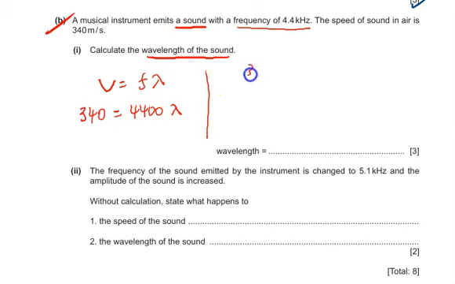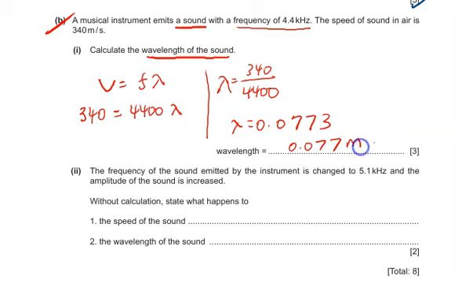So 340 divided by 4400, and we'll be getting 0.00773. So you can make it 0.077 meter. So this is your calculation for 3 marks.